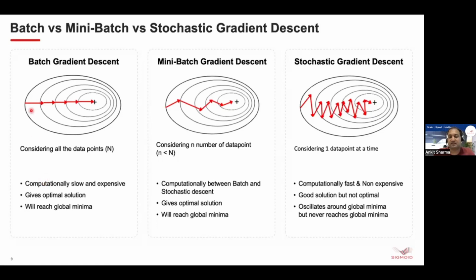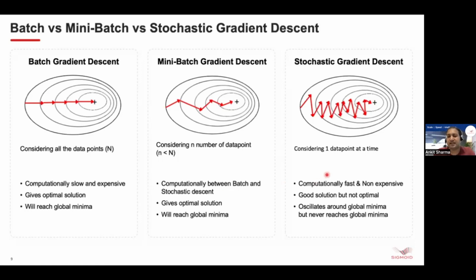Then mini-batch gradient descent is computationally between batch and stochastic gradient descent, because it uses fewer records than batch gradient descent, but more records than stochastic gradient descent. It is also going to give you the optimal solution and reach the global minima.